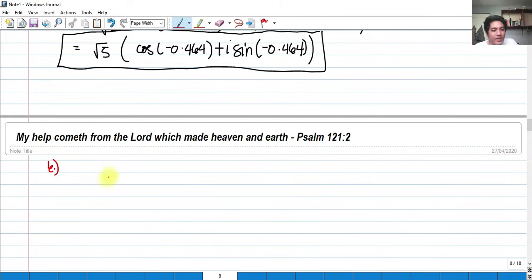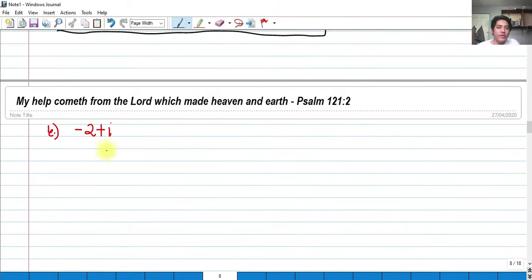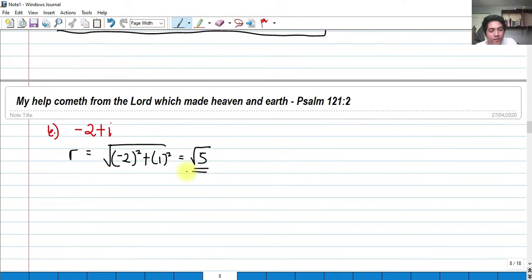Okay? So number 6 would be negative 2 plus i. That is our complex number. How do we convert this into polar form? So we have r equal to the square root of negative 2 squared plus 1 squared. So that is still equal to square root of 5.